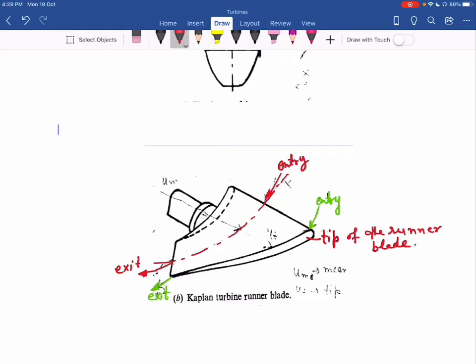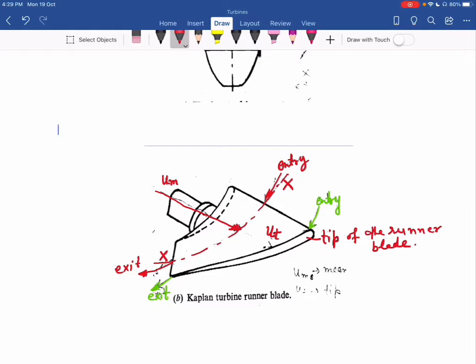Okay, now you can see here my tangential velocity depends on the radial distance from the central axis of the shaft. So along this x-axis, I can write my tangential velocity as um. This is at one radial distance from the central axis of the shaft. Now, along the tip of the blade, the radial distance is increased, so I have a different value of tangential velocity over there, and I mark it as ut.